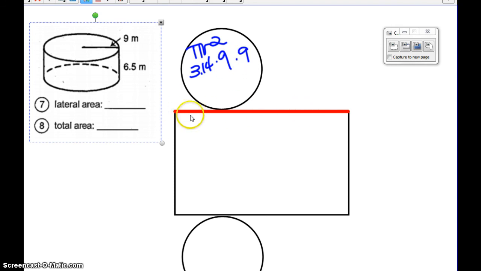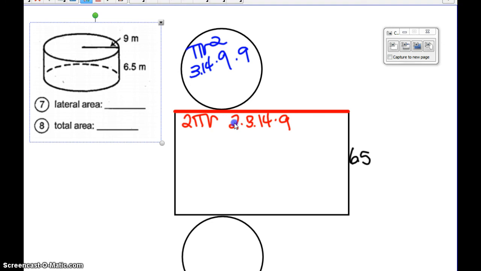This right here, this red line, is the circumference because it goes around my circle. So 2 pi r. And when I do that, that's 2 times pi times the radius of 9. And then you get something there. And what's your height? 6.5.